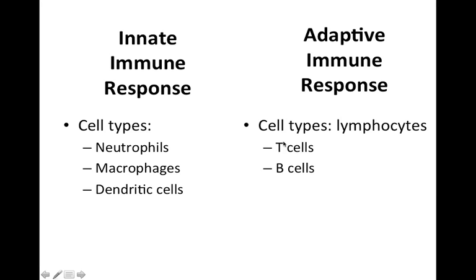lymph node. The T cells and B cells that you find a lot of in the lymph nodes are lymphocytes. Lymphocytes come from a lymphoid progenitor cell, and the major kinds are T cells and B cells. We talked about T helper cells, which help by producing cytokines.